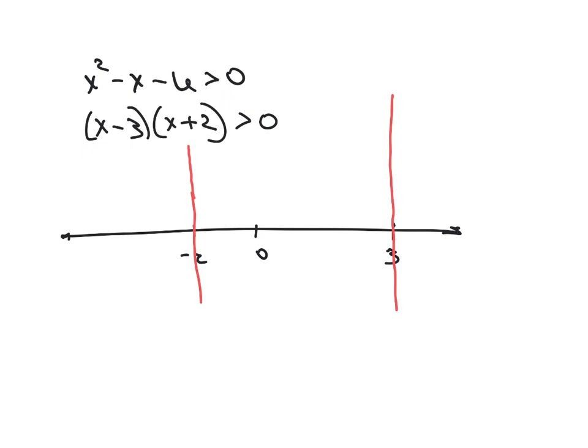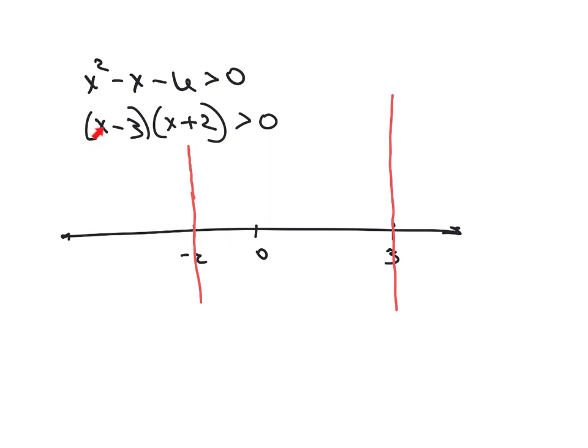A couple things that are really, really important when you're looking at these is we've got a number here times a number here, and that when we multiply those, we have to get a number greater than 0. Which means when we multiply these two, we have to get a positive number if it's going to be greater than 0.